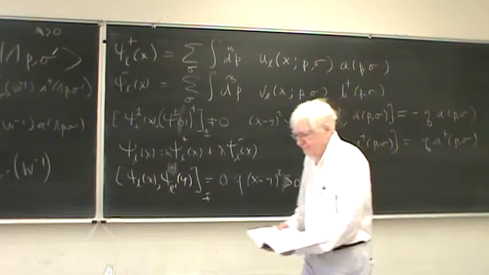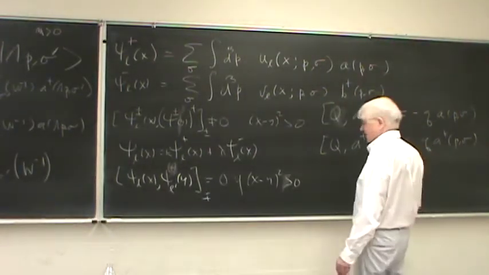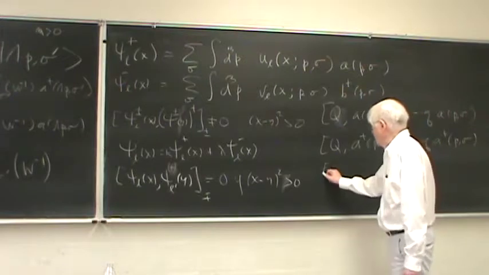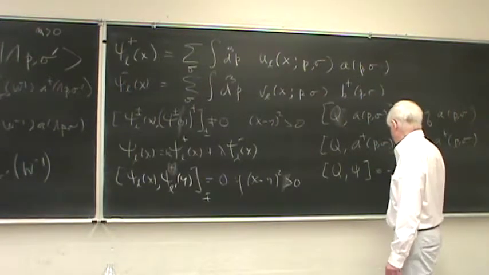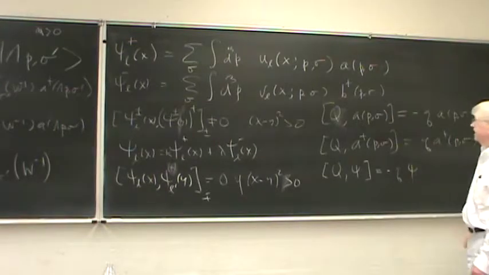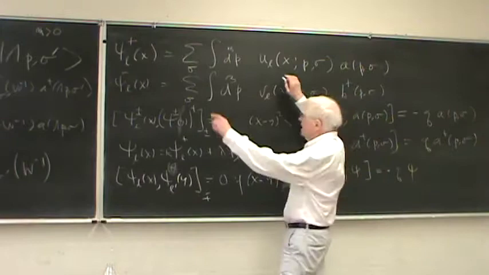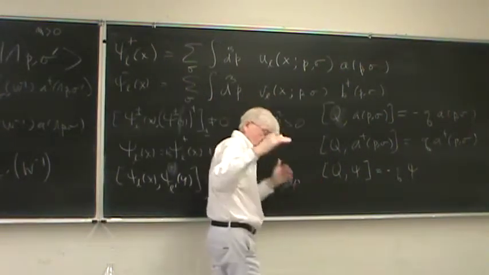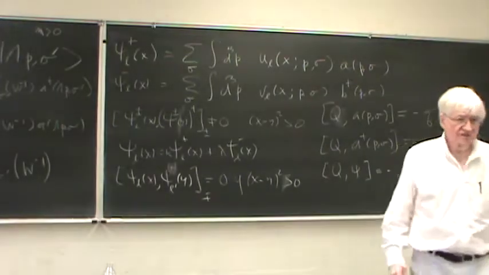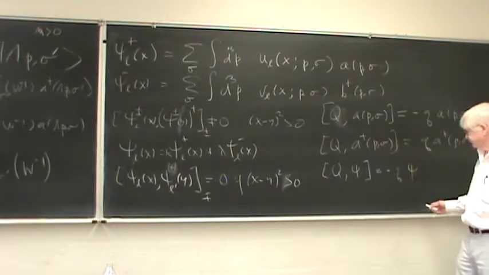So, where are we then if we have something like psi? What we want is Q psi to be minus q psi. That is to say, if we use psi plus simply, we see that the a's should lower the charge of the state.